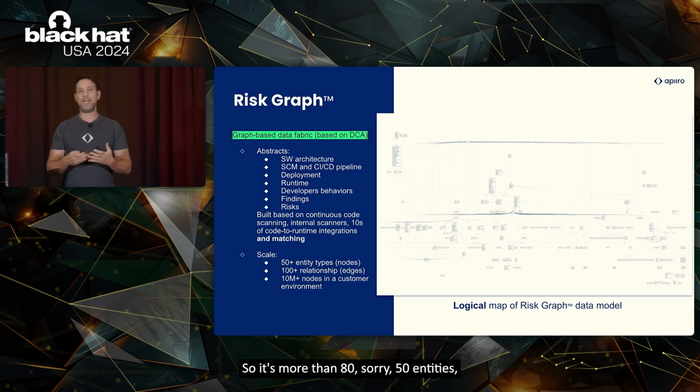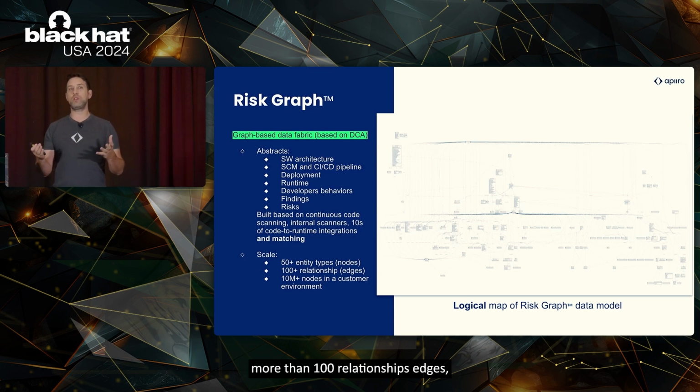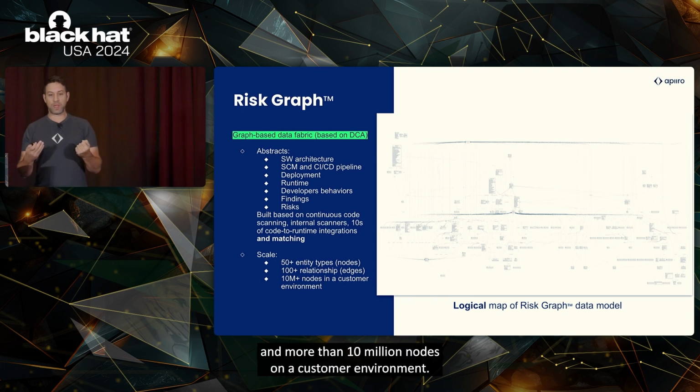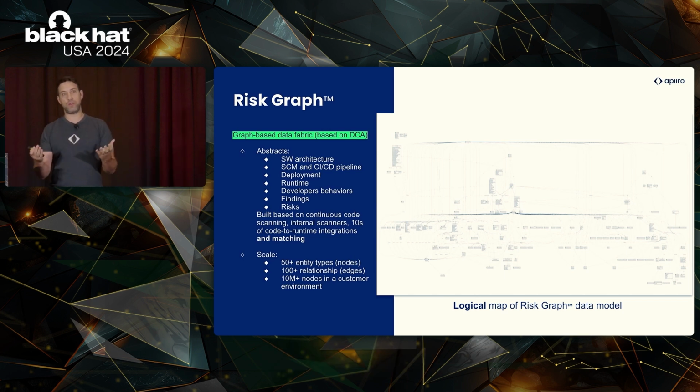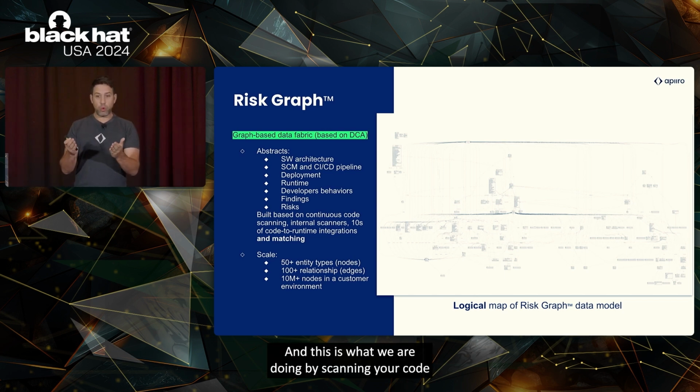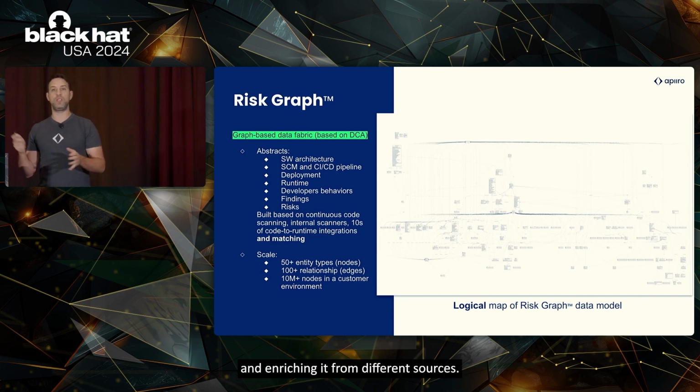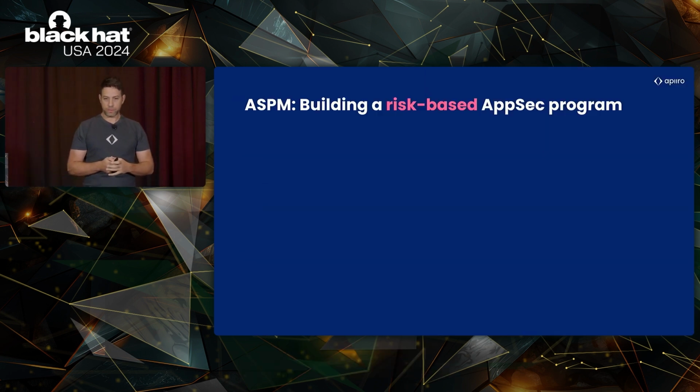So it's more than 50 entities, more than 100 relationships, edges, and more than 10 million nodes on a customer environment. And this is what we're doing by scanning your code and enriching it from different sources.